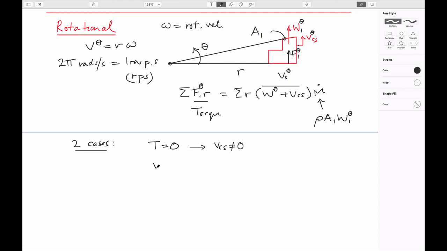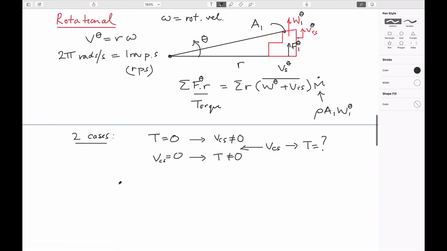And the other end member condition is where you hold the control surface static, in which case the torque that you have to apply to do that will generally not be equal to 0, and actually it will be the maximum torque that you have to apply to keep it static. And of course there'll be a whole bunch of end members in there, where if you want to you can define the velocity of the control surface, and that would give you a torque which you'd like to find. So it's directly analogous. The equation is very similar to the linear momentum equation except for the lever arm and the terminology that we use.